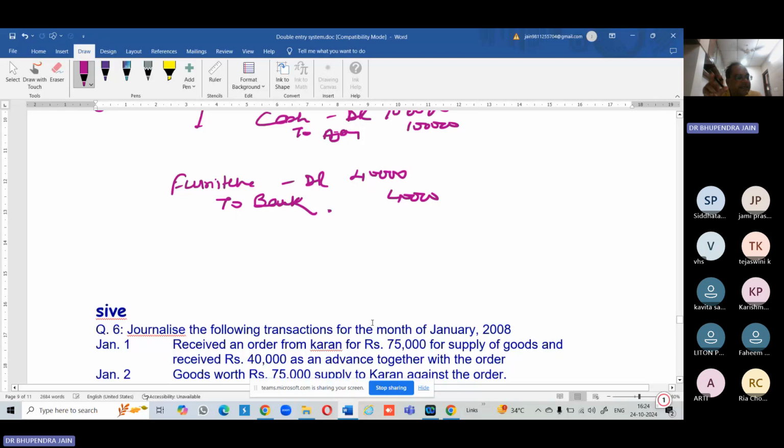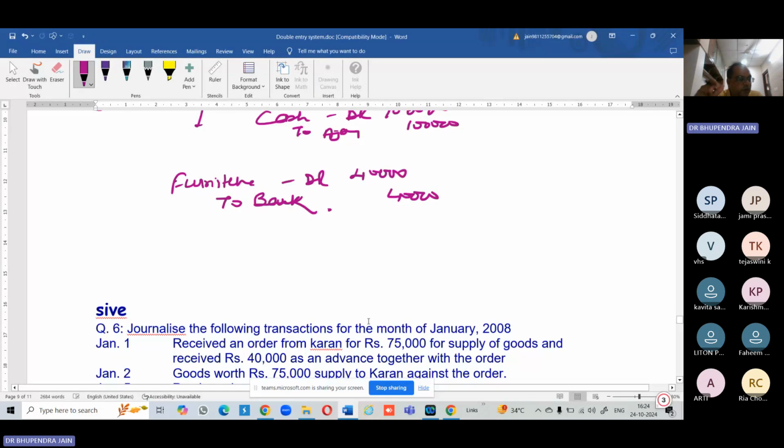So bank is on the credit side, and you are making the payment for the purchase of furniture. Whenever you pay, record on the credit side, or whenever you receive, record on the debit side. So we need to record on the credit side with the name of the furniture in the bank column.